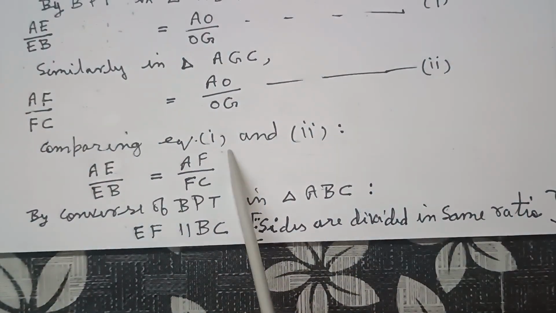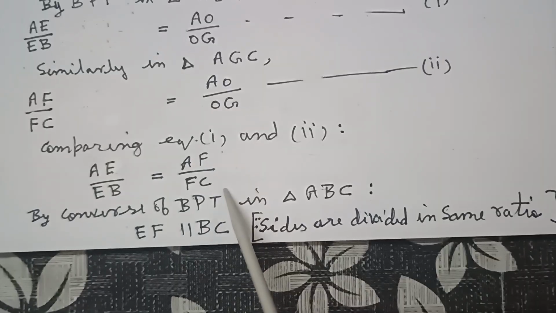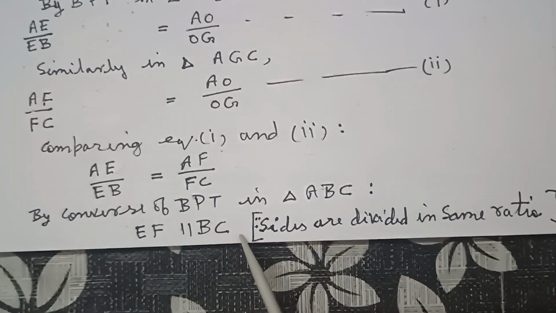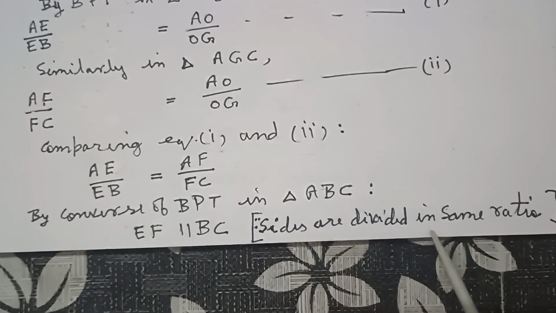So comparing equations 1 and 2, AE upon EB is equal to AF upon FC. By the converse of the basic proportionality theorem in triangle ABC, EF is parallel to BC, because the sides of the triangle are divided in the same ratio.